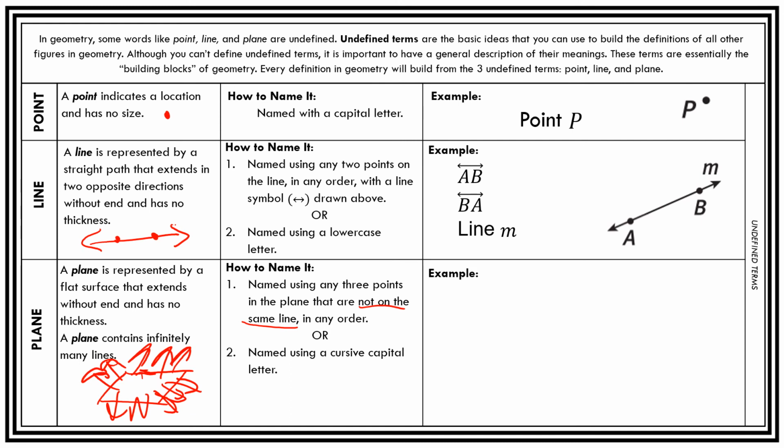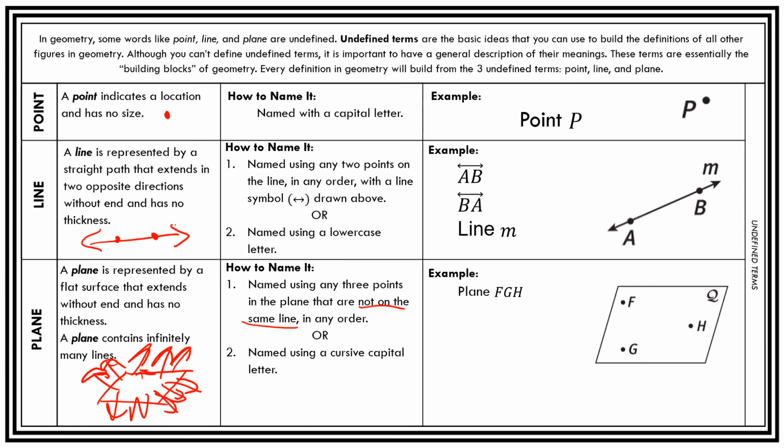So let's look at our example and I'll show you how that works. So we have this plane right here. See, it kind of looks like a parallelogram. We have 3 points inside this plane, and we have a capital cursive Q in the top right corner. So first, let's give all the possible names of this plane using 3 letters, okay? First one I'm going to go with is plane FGH.